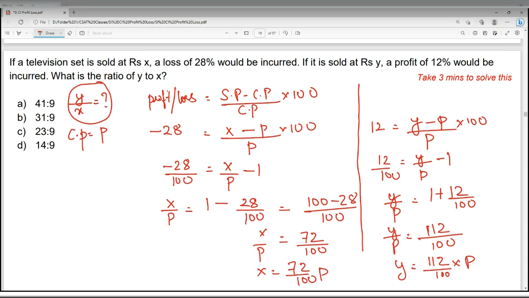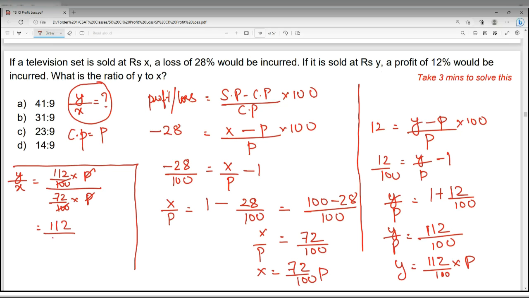And we want Y by X. So Y is 112 divided by 100 into P, divided by X, which is 72 divided by 100 into P. P gets cancelled, 100 gets cancelled, 112 divided by 72.